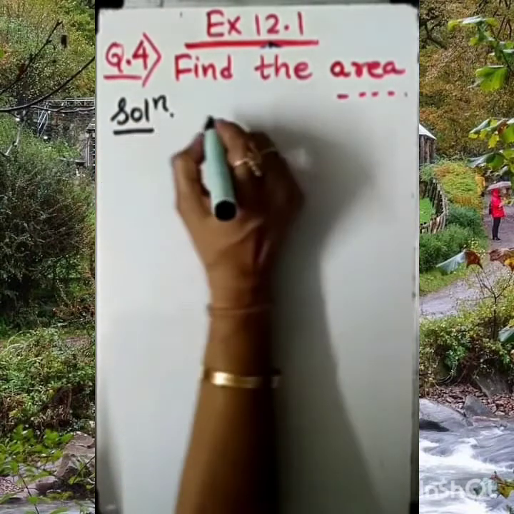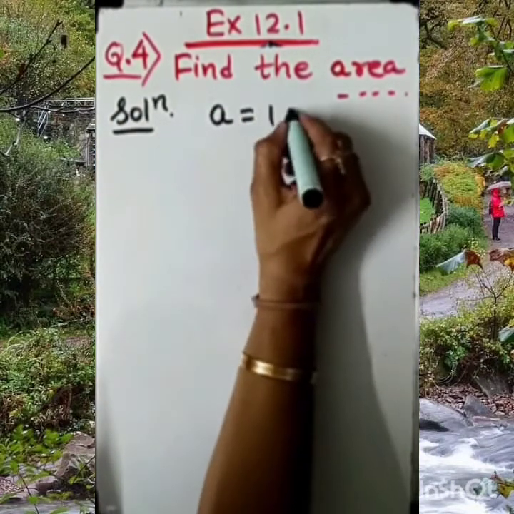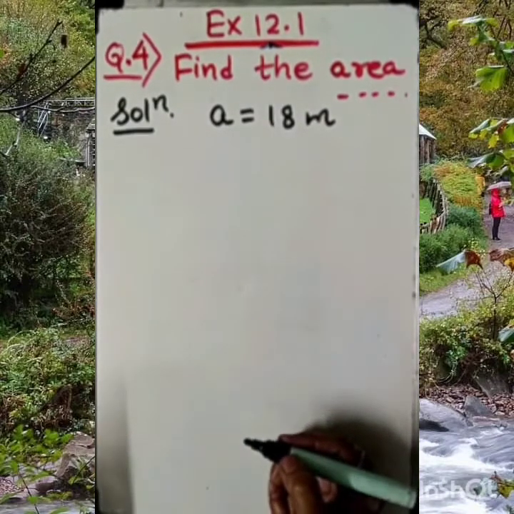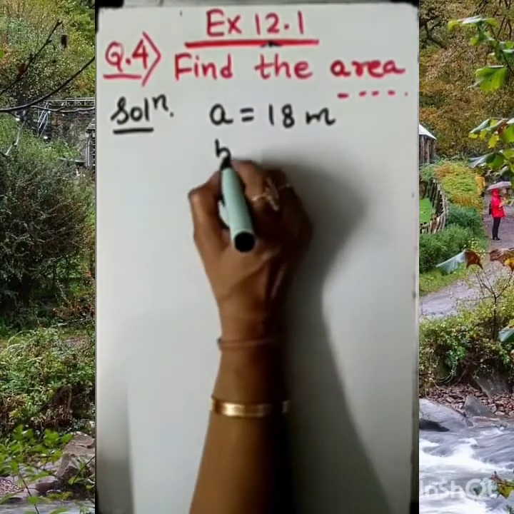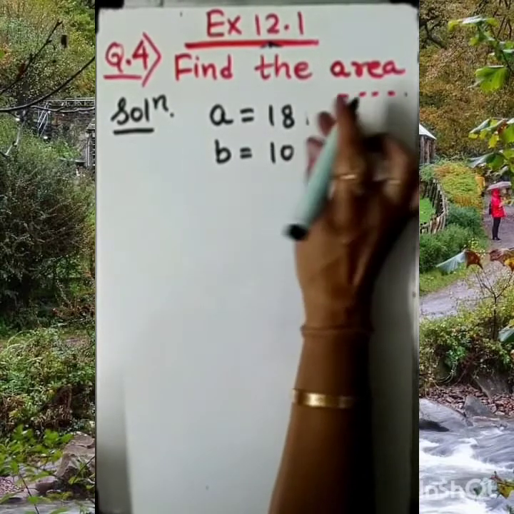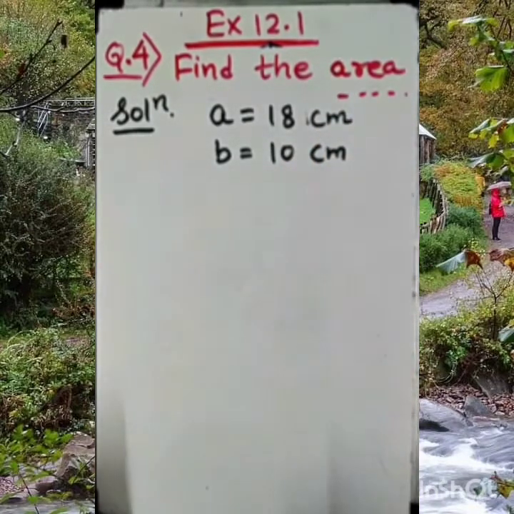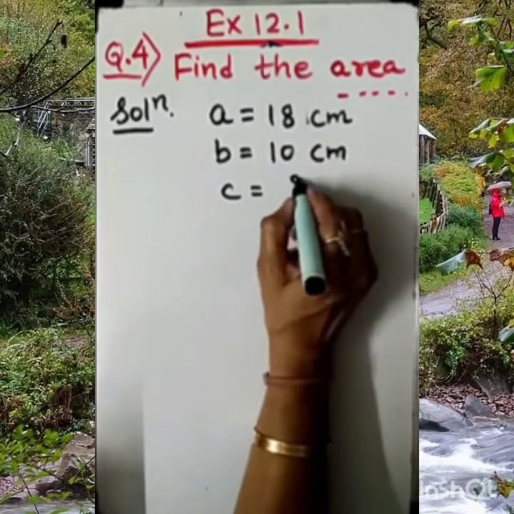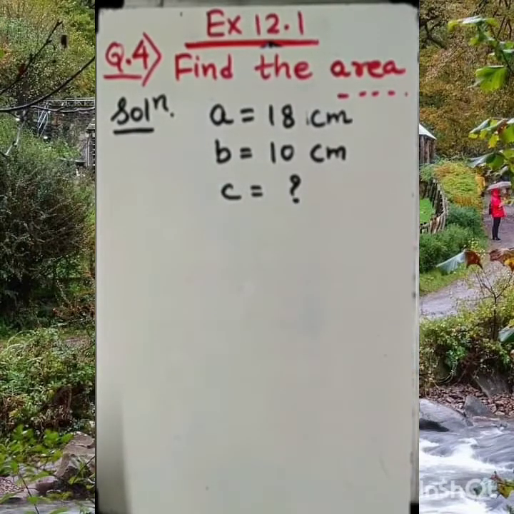As we know, the first side A I am considering 18 centimeter. Second, we are given that is B, that is 10. Unit is centimeter, so I am writing here centimeter. Okay, A equal to 18 centimeter, B equal to 10 centimeter, but the third side C not given, so question mark.